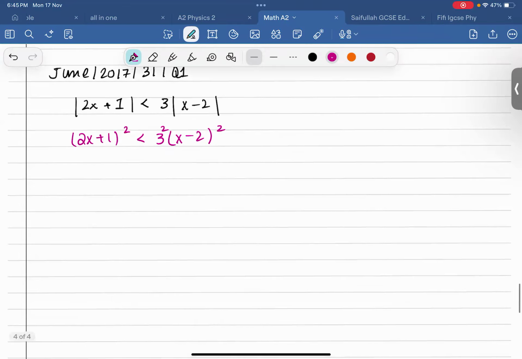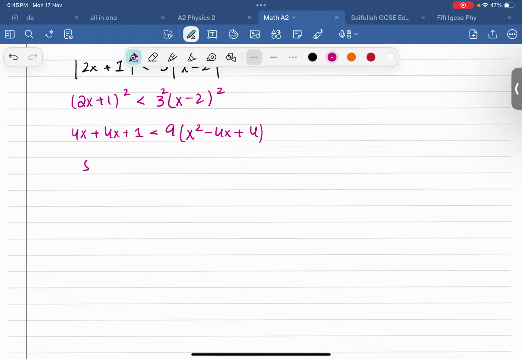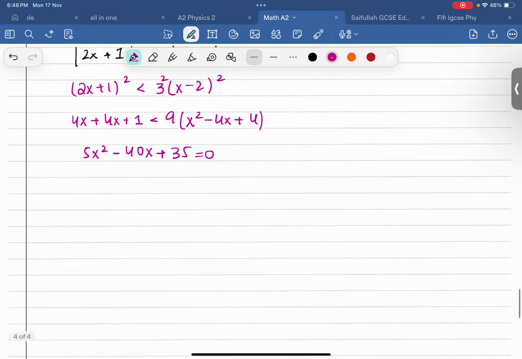So it becomes 4x squared plus 4x plus 1, and that would be 9x squared minus 12x plus 4, right? When you solve it further, you may end up getting 5x squared minus 40x plus 35. Did you guys get the same thing? Or you can just simplify it to x squared minus 8x plus 7, yes?